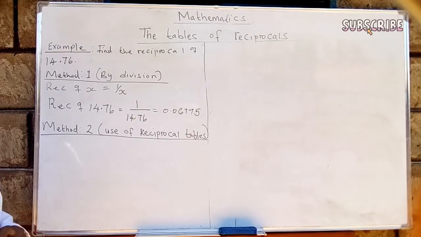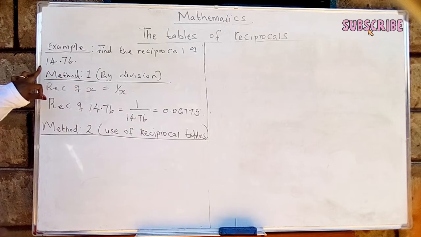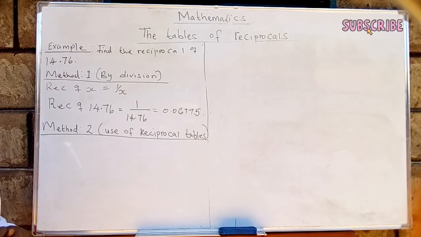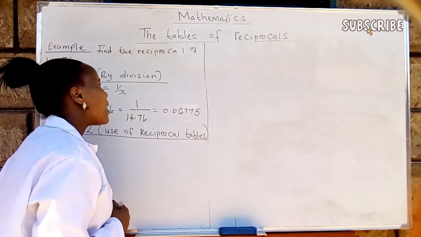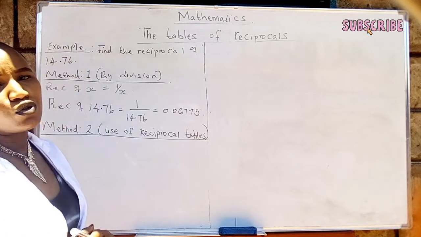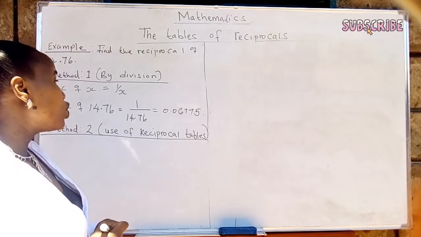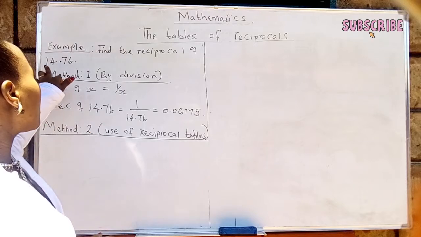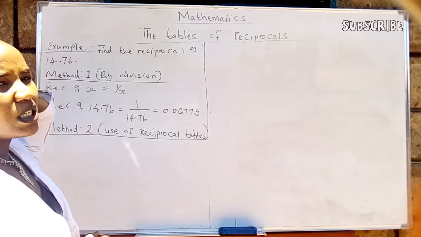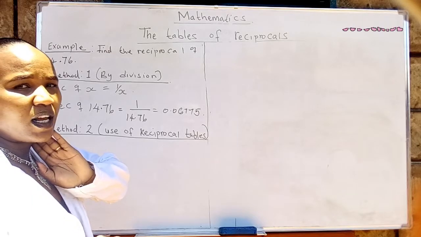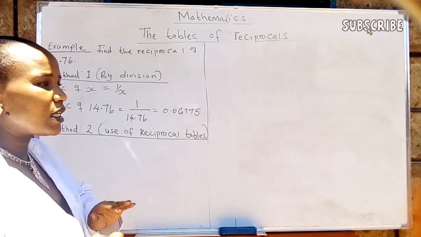To use the reciprocal tables to evaluate the reciprocal of 14.76, remember we said that if the number is greater than 10 or the number is less than 1, then we have to write the number in standard form. So if we look at this example here, 14.76 is greater than 10, and therefore it is prudent to write the number in standard form.